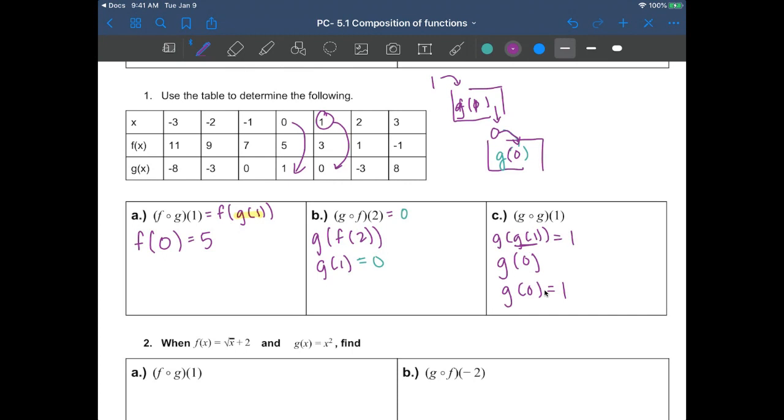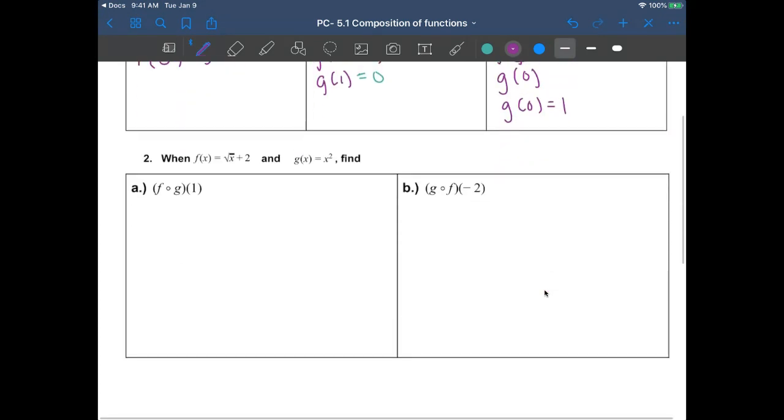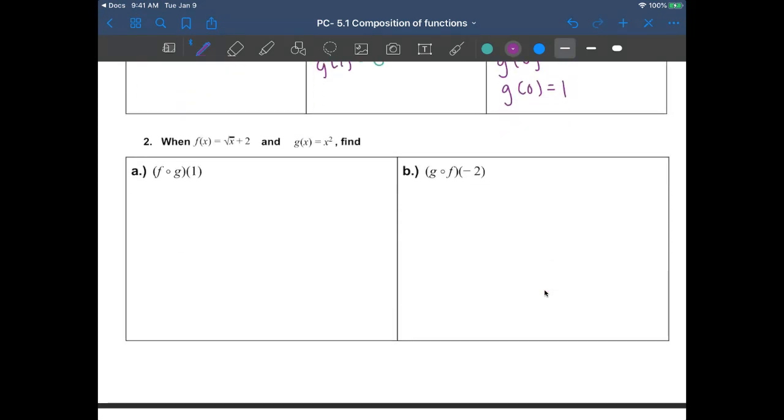All right, the next part, we're going to find f of g of 1, but this time we're going to use our functions. I always rewrite it, f of g of 1. I'm going to start with the inside function, g of 1. I like to do this on the side.